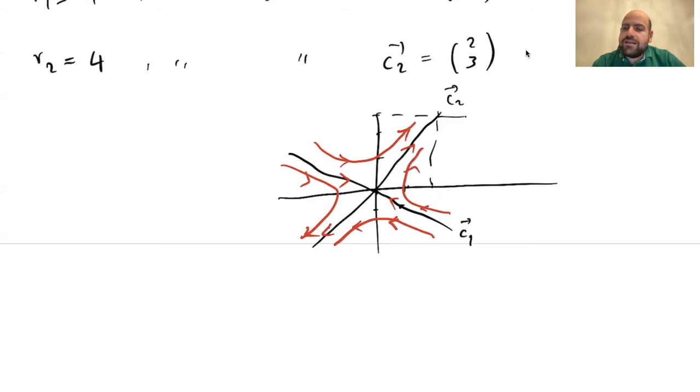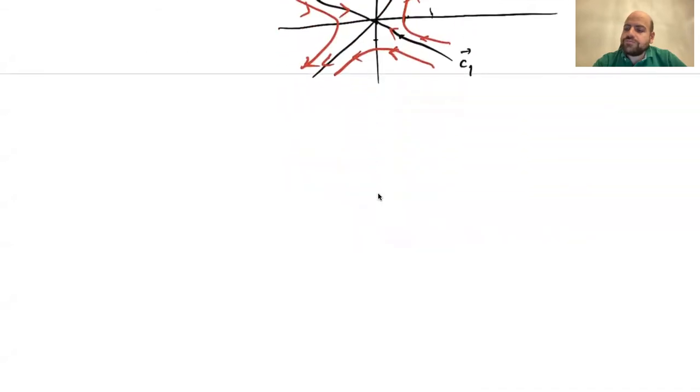Now, if we start from here, let's say C1, then the phase portrait suggests that the particle will get closer and closer to the origin as t goes to infinity.